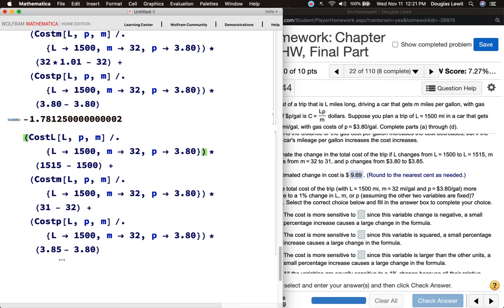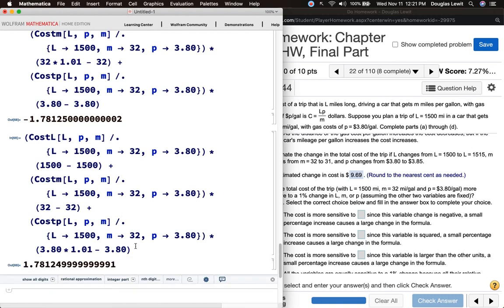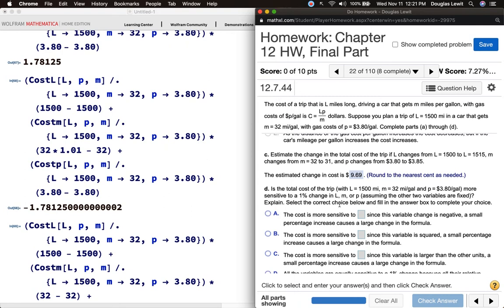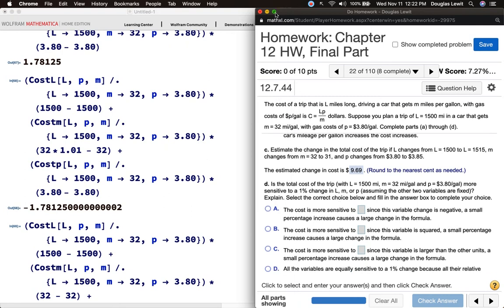And this time, there's no change in L, there's no change in M, and there will be a 1% change in the amount of money that you're spending on each gallon of gasoline. So 3.80 times 1.01. Okay, so actually, in all three cases, the change will be $1.78. In all cases, the answer is going to be about $1.78.